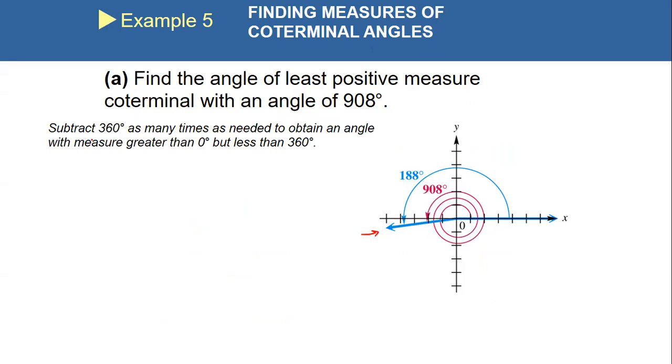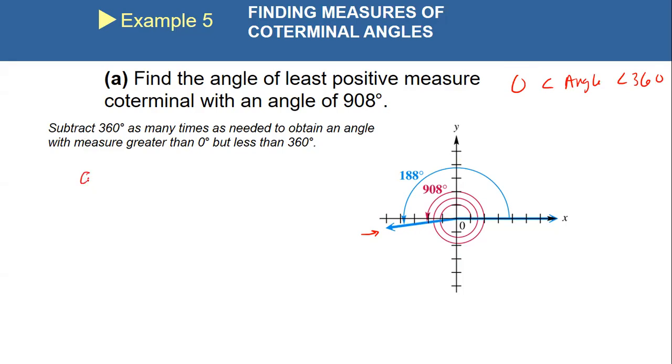So you subtract 360 as many times as you need to, to get an angle measurement between 0 and 360. All you're doing is subtracting until you get all the way back down.